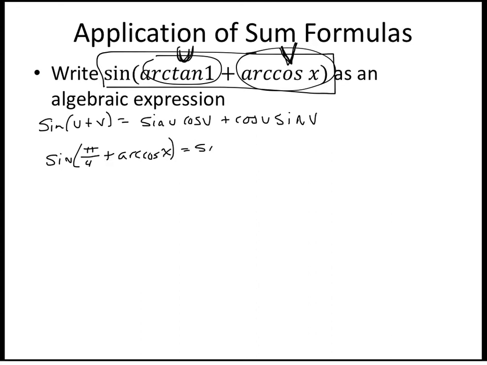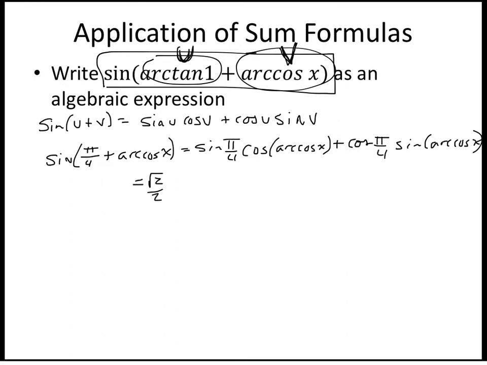So that will give me sine pi over 4 times cosine of the arc cosine of x plus cosine of pi over 4 times the sine of the arc cosine of x. Okay, now sine of pi over 4 is just square root of 2 over 2. And the cosine of the arc cosine of x is just x. Cosine of pi over 4 is square root of 2 over 2. And now we've got to figure out an expression for the sine of the arc cosine of x.